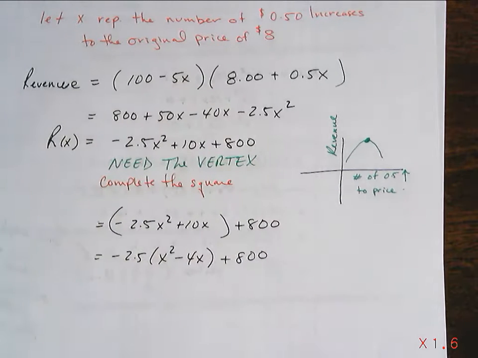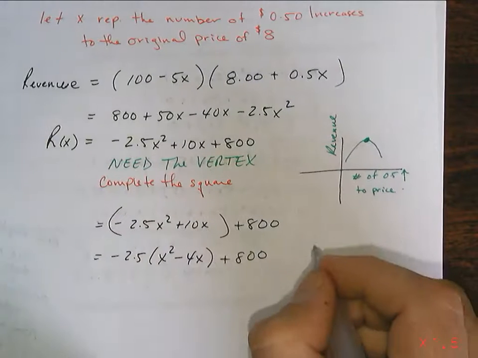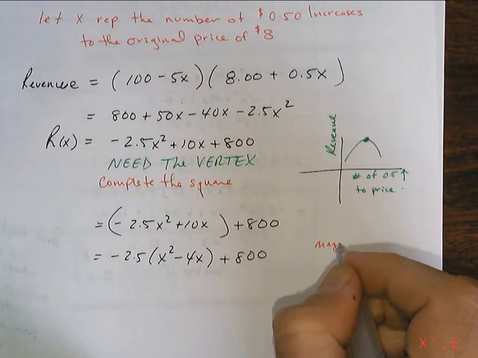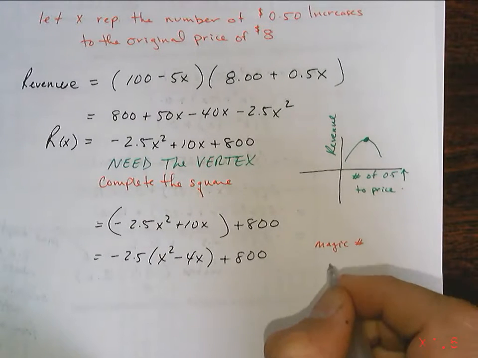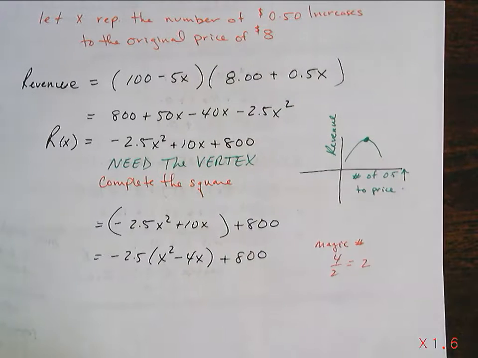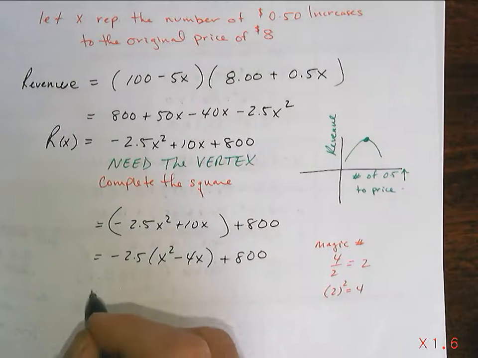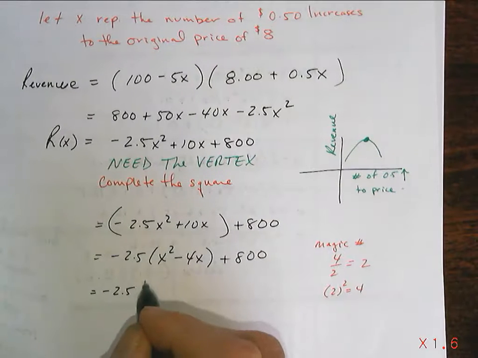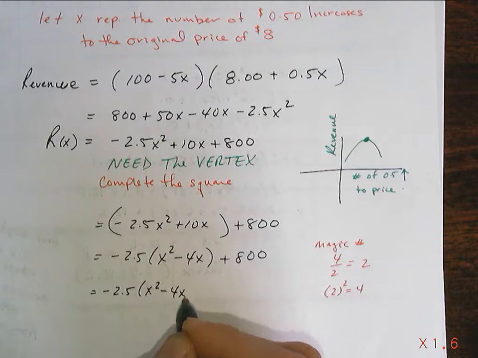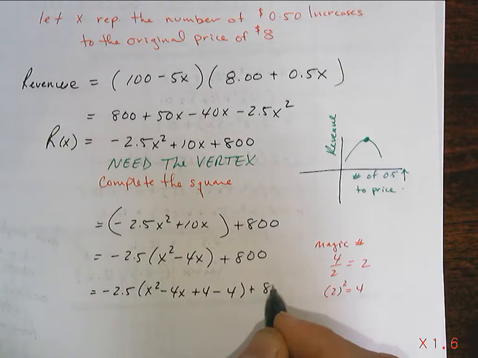Now I go for the magic number. The magic number is going to be half of 4. So 4 divided by 2 is 2. And if we multiply that by itself, we get 4 again. So this is going to give us negative 2.5 bracket x squared minus 4x plus 4 minus 4, plus 800.